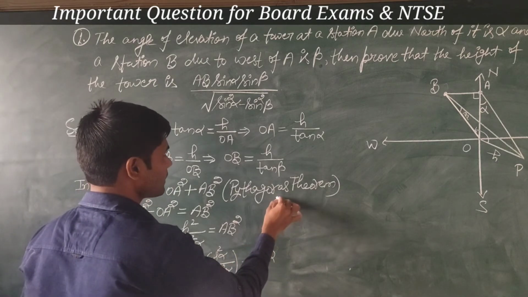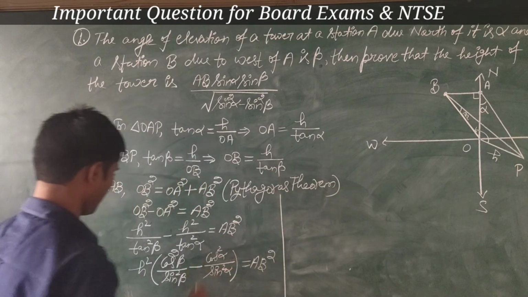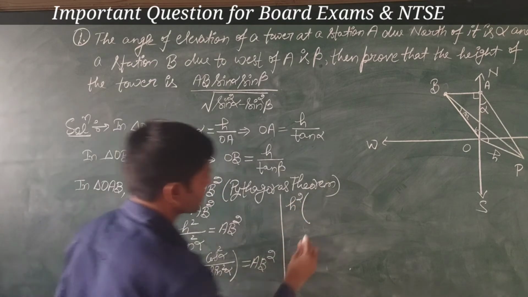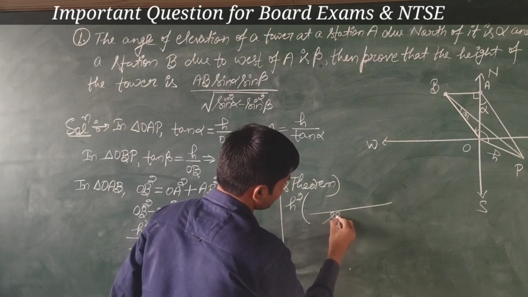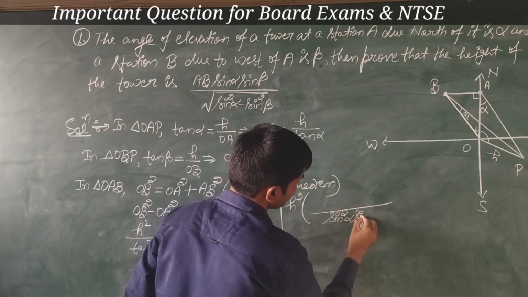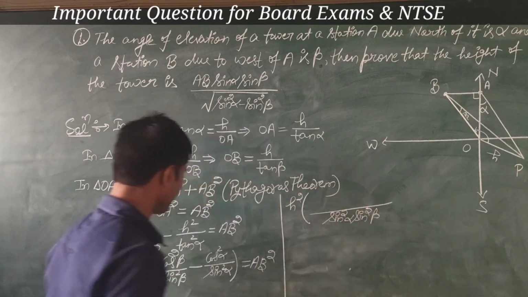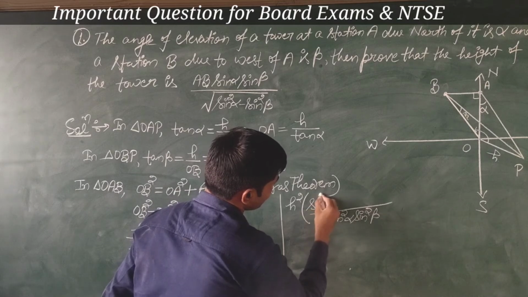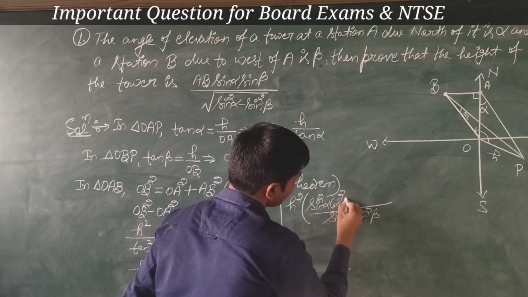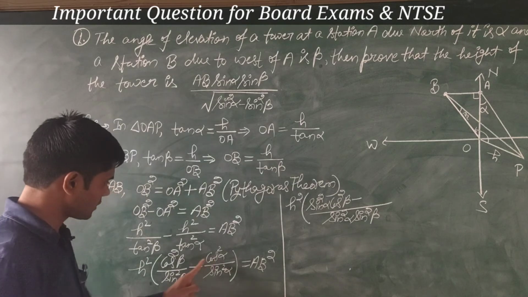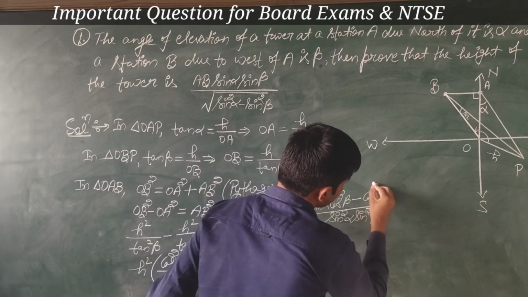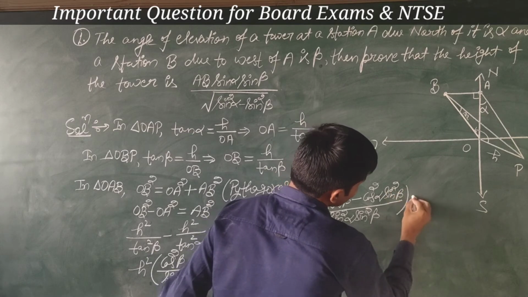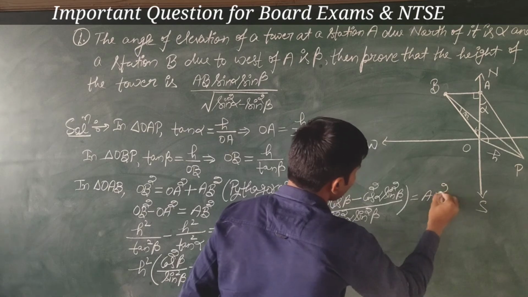So in the next line we can write h square. We can take the LCM, sin square alpha sin square beta will be the LCM. Here we multiply: sin square alpha cos square beta minus cos square alpha sin square beta, equal to AB square, same.